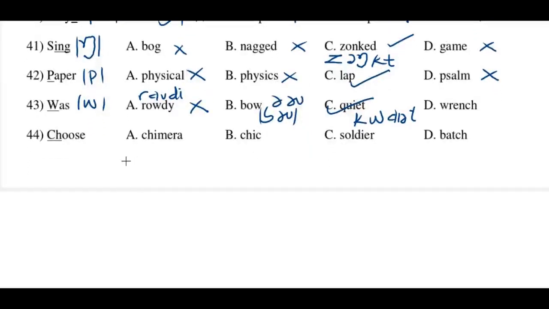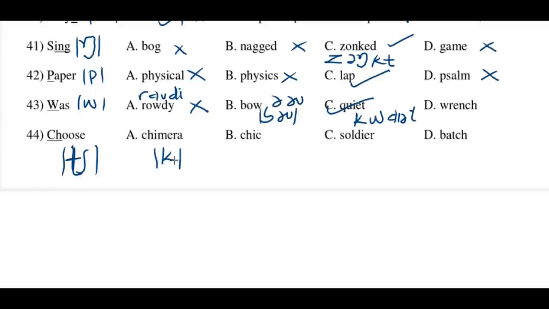Question 44. Choose. The underlined sound is ch. So let's go through the options together. Option A, chimera. So this is k. We are looking for ch.